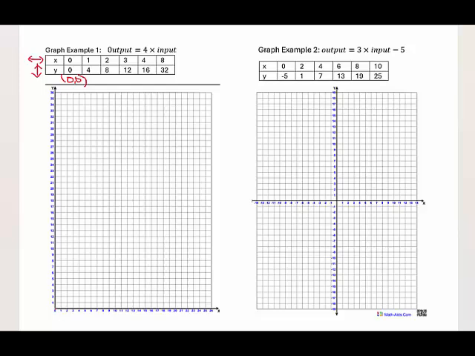Okay, so in that case, 0, 0 is there. 1, 4. 2, 8, across 2, up 8. 3, so across 3, up to 12. 4 goes up to 16. You'll see I can go across to 8 and go to 32.